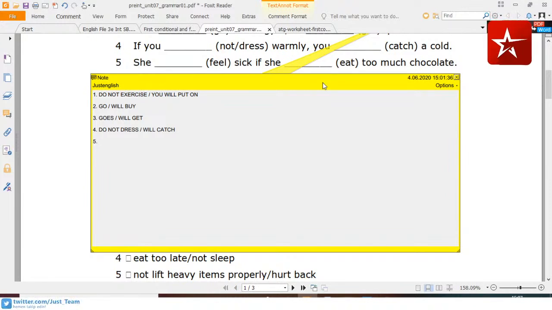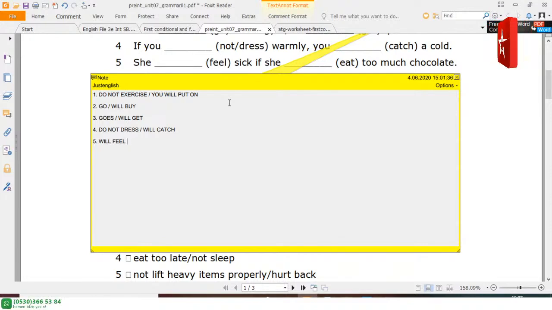Yes, she will, the main clause comes first in this sentence. She will feel sick if she eat or eats. Yes, eats is a correct answer for number 5.